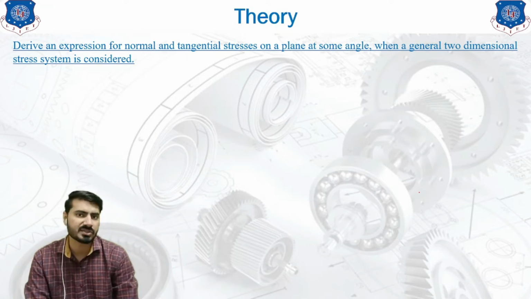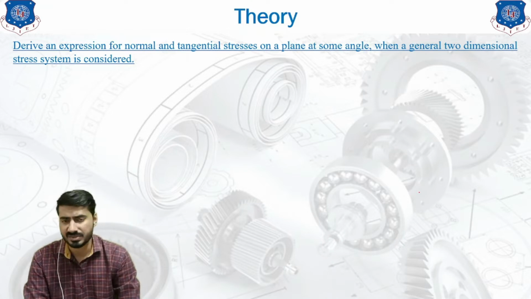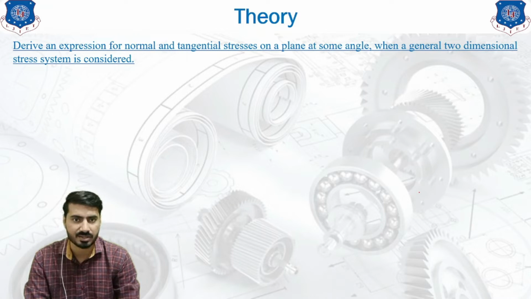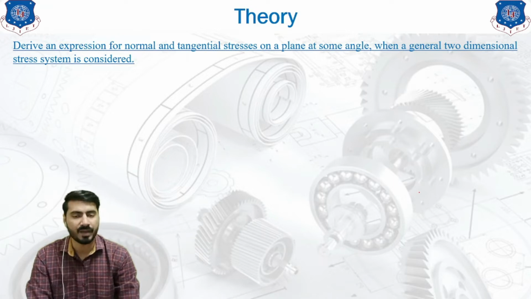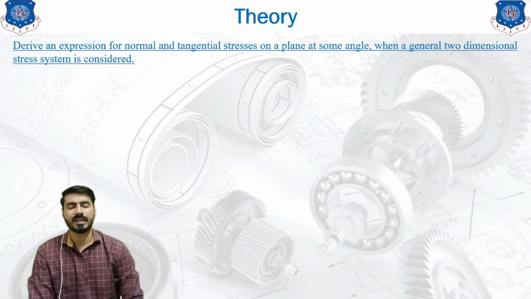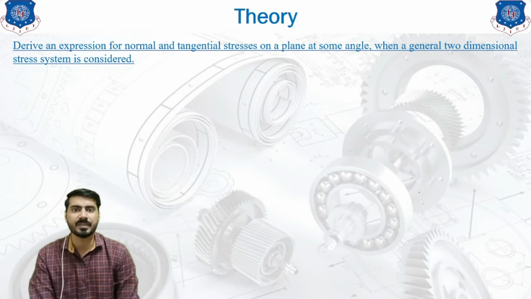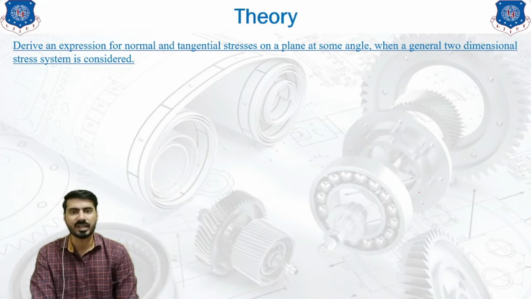Also, in this stress system, there might be a shear stress or a tangential stress. So altogether, these three stresses in any direction can form a two-dimensional stress system. So let's assume that the body is subjected to all three types of stresses. Whenever in a practical condition one or two stresses are missing, then we can put the value of those stresses as 0 in our equation.